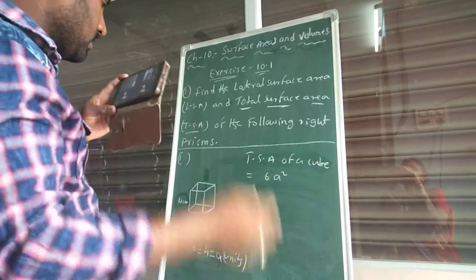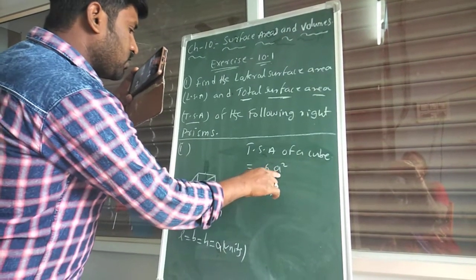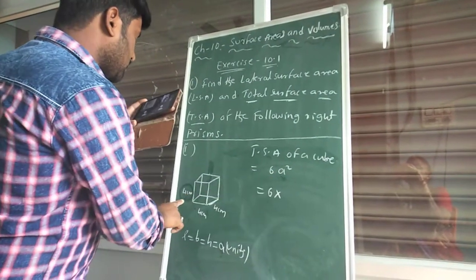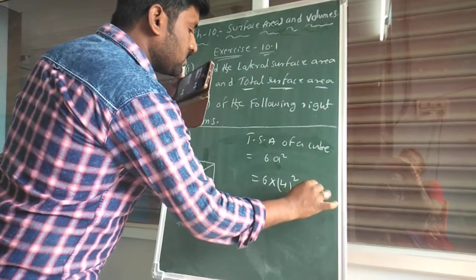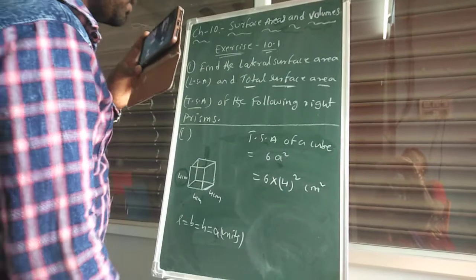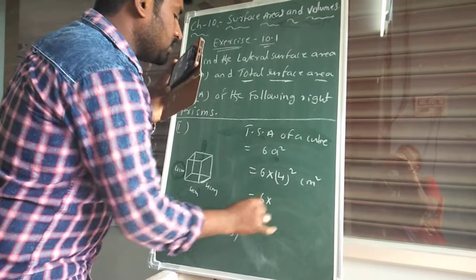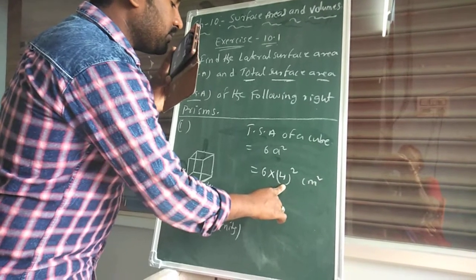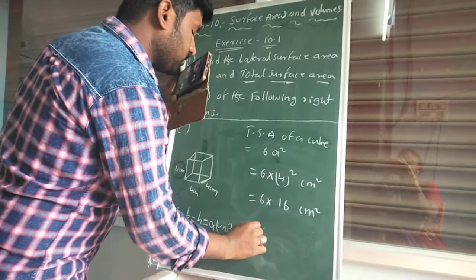Then 6 into a square, what is the value of a? A value is 4 centimeter only. 4 square is 16 square centimeter.